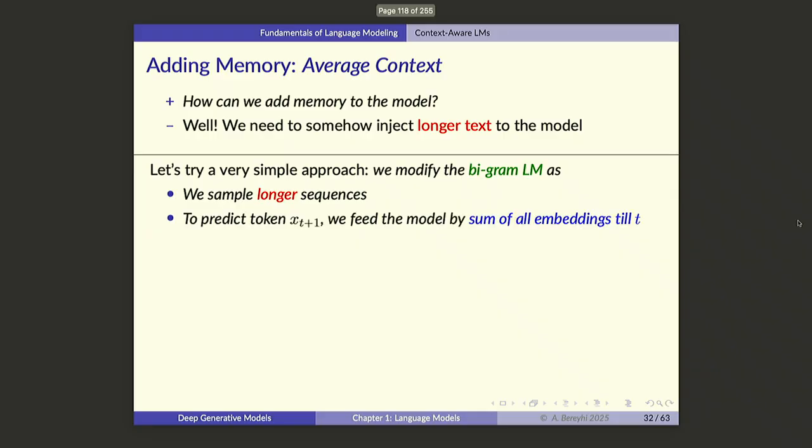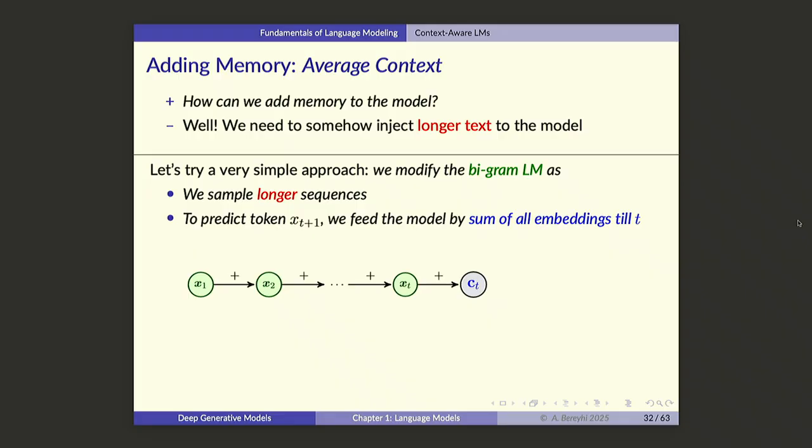Okay? So what do I mean here? I mean that if I want to predict x_{t+1}, then I'm going to add all the embeddings for x1 to xt, and then I'm going to inject that sum into my neural network. So you can think of it like this. Say you want to find the next word, then you are not going to simply take the last embedding.